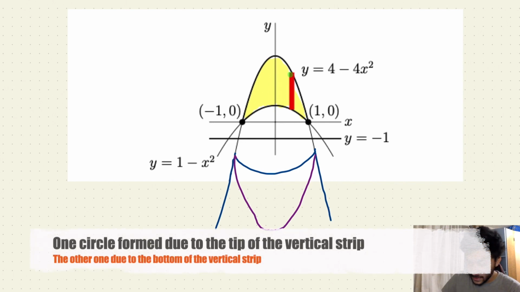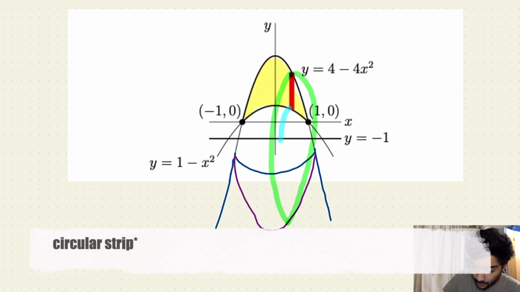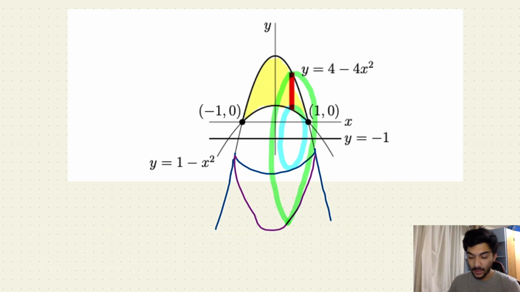So now you're building, while rotating, this bigger circle over here, and also this circle is formed when you rotate your upper y value around the line y equals minus 1, right? But again, when you rotate this one around the line y equals minus 1, you'll see that you're making another vertical strip over here, which is this one, right?